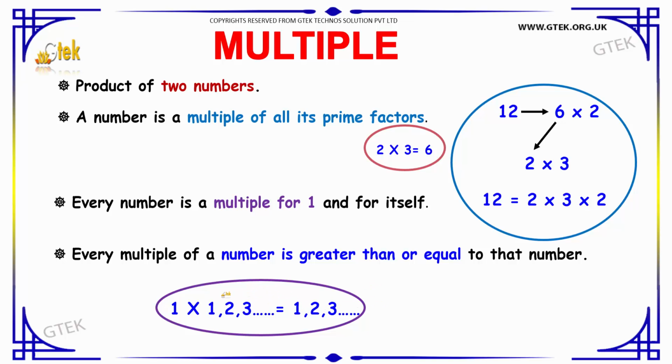So if you see over here, every multiple of a number will be greater than or equal to that number itself. Multiplying 2 and 3, we get 6, which is greater than 2 and 3. So this is what we mean by the multiple of a number is greater than or equal to that number itself.